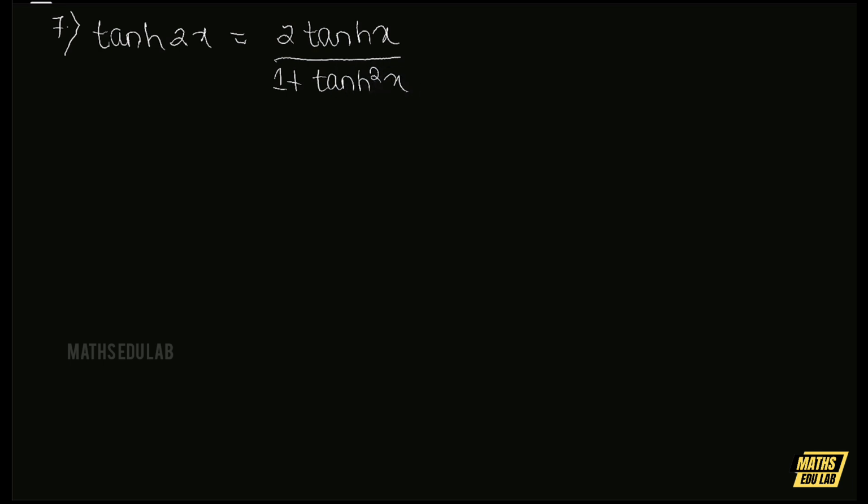So let's prove from the right hand side. By proving from the right hand side, we will get the left hand side value, as we have tan hyperbolic 2x is equal to tan hyperbolic x plus x.